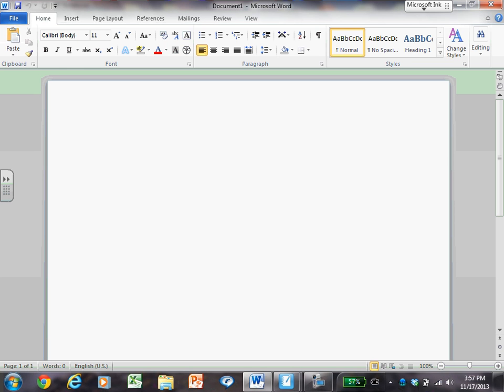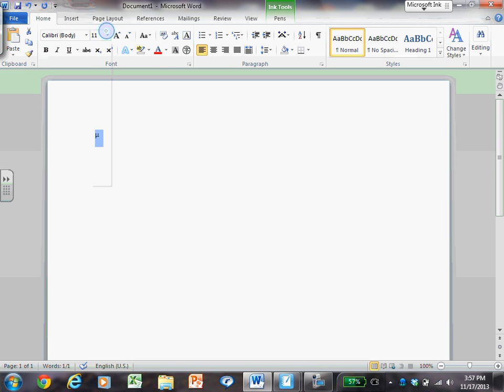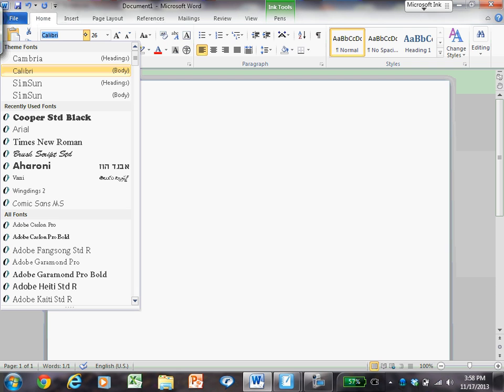So I was going to insert here a symbol, and there it is. Let's see if we can make it a little bigger. So that's what it looks like in Calibri in Microsoft Word.